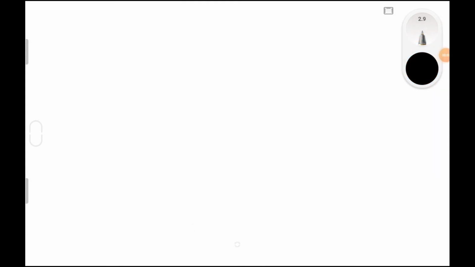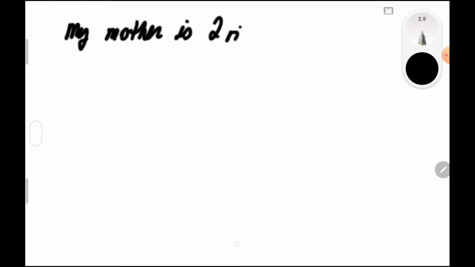So, let's check this example whether this is deductive or inductive reasoning. My mother is Irish. She has blonde hair.